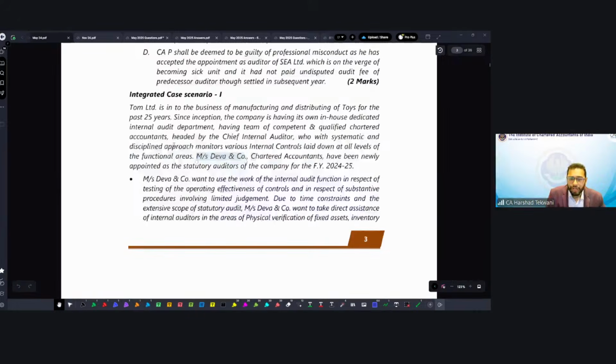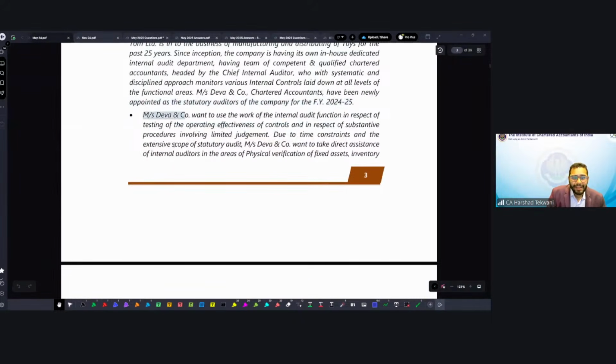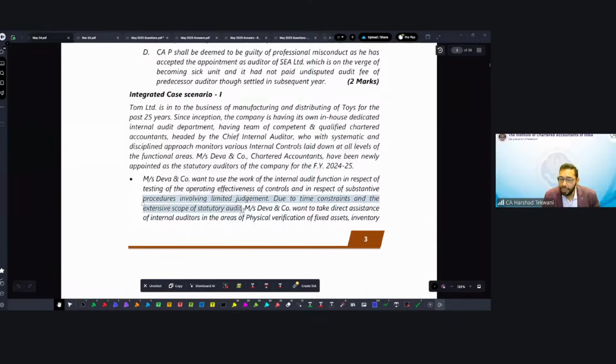Messrs. Deva and Company, chartered accountants, have been newly appointed as the statutory auditor of the company for financial year 24-25. Messrs. Deva and Company want to use the work of the internal audit function in respect of testing of operative effectiveness of the controls, and in respect of substantive procedures involving limited judgment. Due to time constraints and the extensive scope of the statutory audit, Messrs.